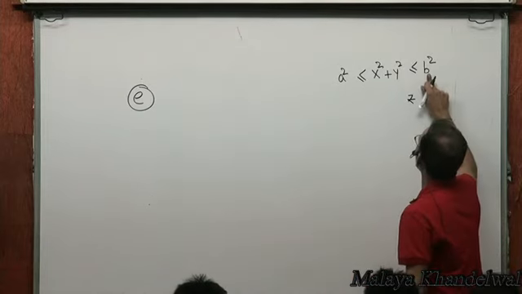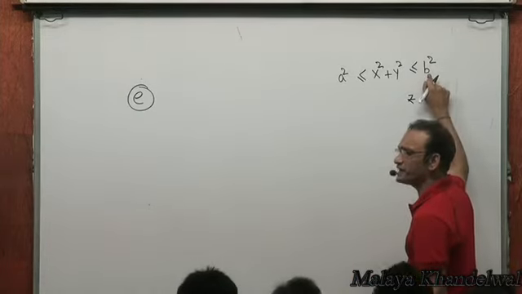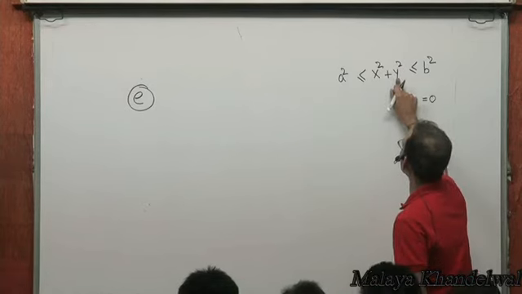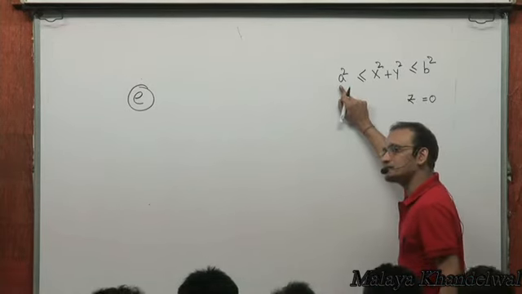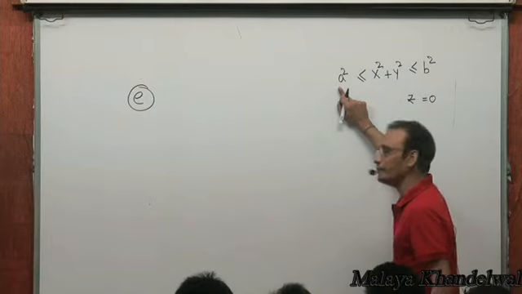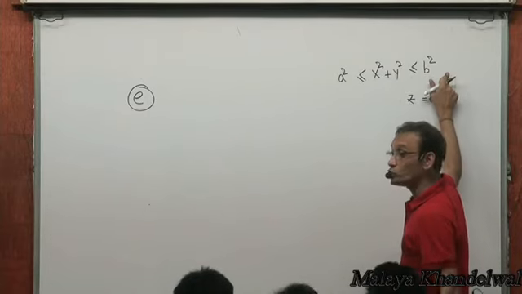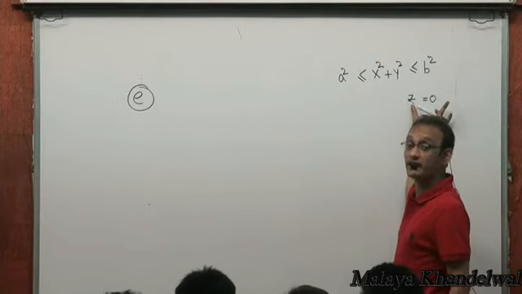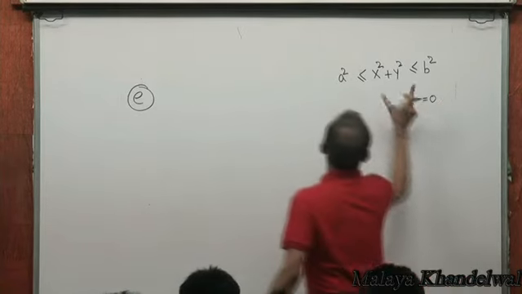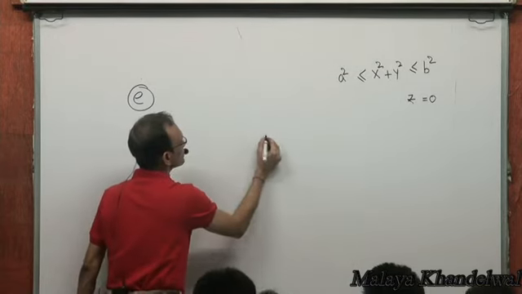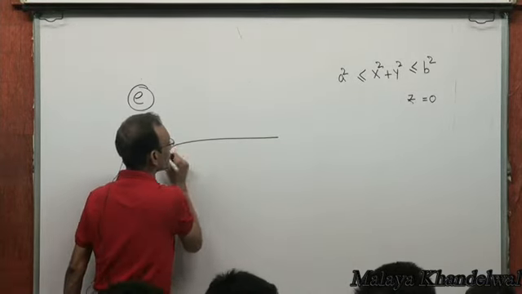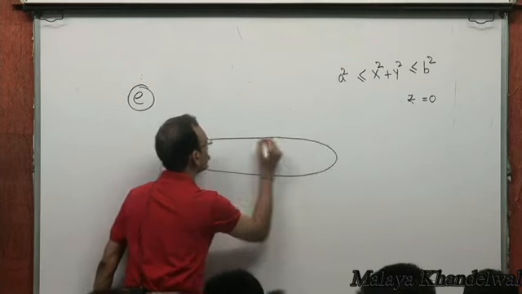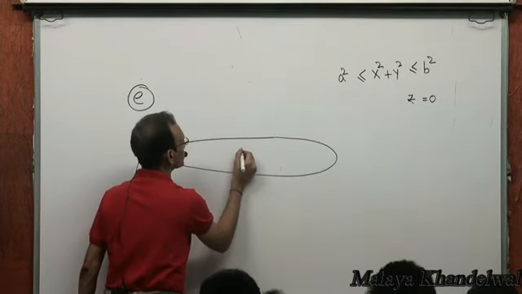Now x squared plus y squared equal to b squared is a circle with center 0 0 and radius b. x squared plus y squared equal to a squared is a circle with center origin and radius a. This is the region between the two circles lying in the xy plane. z equal to 0 is the xy plane. Right? So essentially this region is given by an annulus in the xy plane.